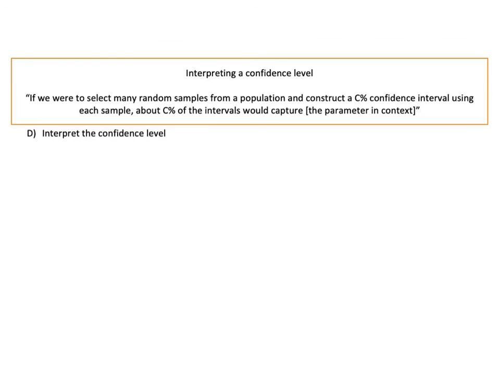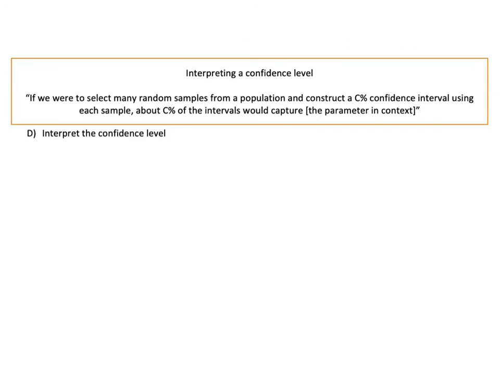The last thing I want you to do in this is consider how to interpret a confidence level, which is easily confused with interpreting your confidence interval, okay? So you should always interpret your confidence interval in a problem, but once in a while, you're asked to explain what you mean by your confidence level, by stating a 95% confidence level or a 90% or an 80%.